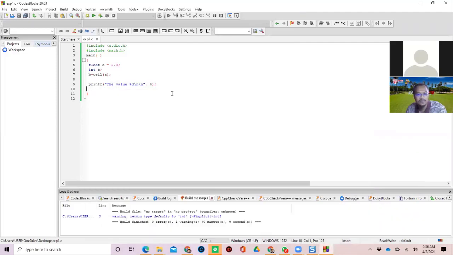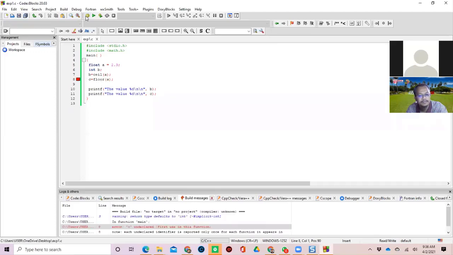Okay, now floor. Let's say C equals floor A. Floor A. C undeclared.